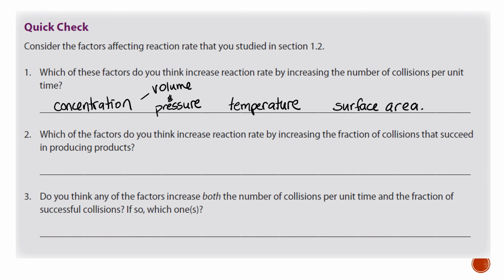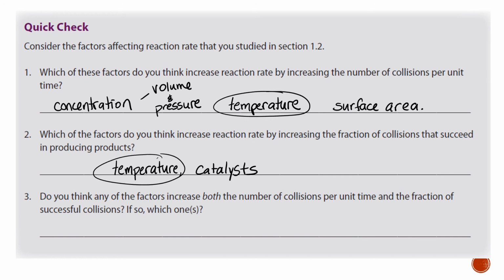Now, the second one is the factors that affect the rate by increasing the fraction of successful collisions. There are temperature and catalysts. And the one that affects both of them, you can see we've got temperature on both, so temperature is affecting both.